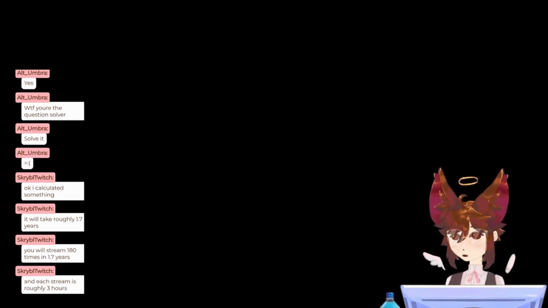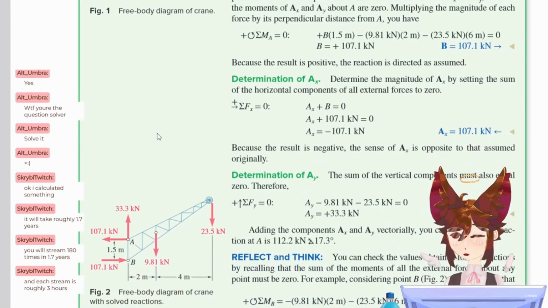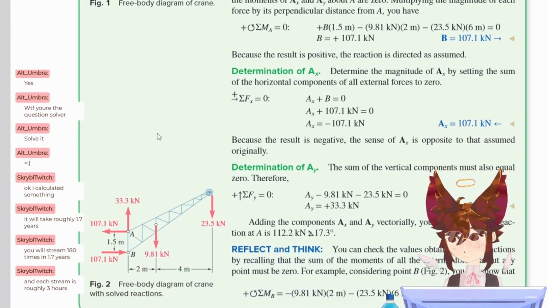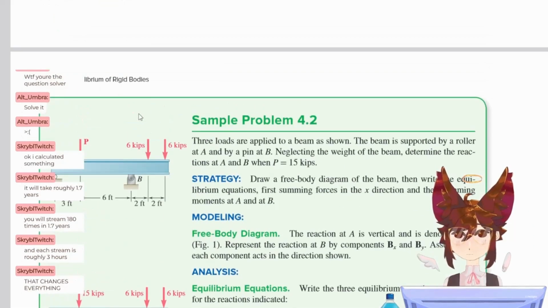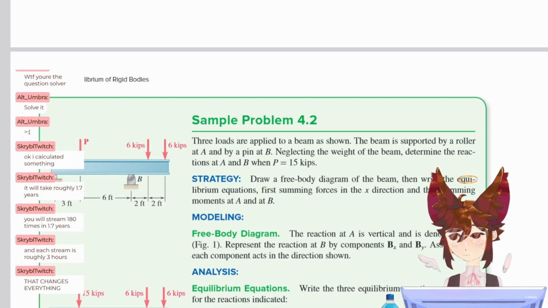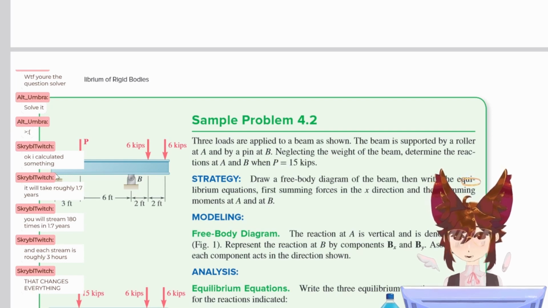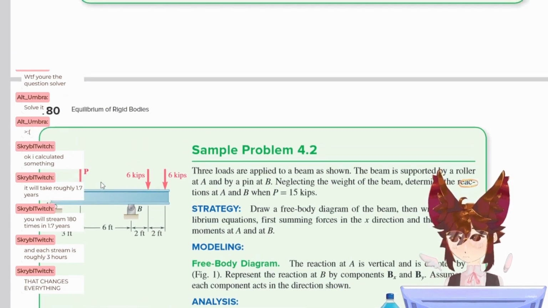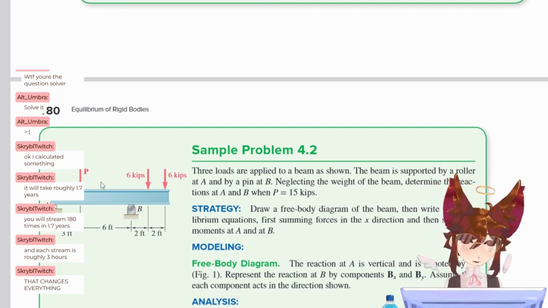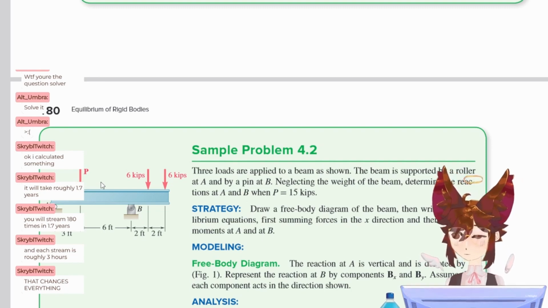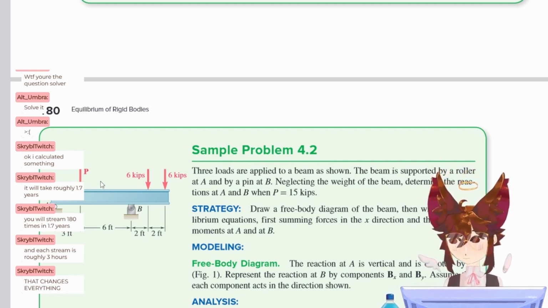I don't want to find my schedule, but my schedule for next quarter is actually pretty good, so I can stream more freely. Okay, this one, that changes everything? Yeah. Yeah, I mostly stream for 2 hours. The only time I've streamed for more is when I play Minecraft for like 4 hours. But I tend to not do that because 2 hours is the perfect time to do like educational stuff in my mind.